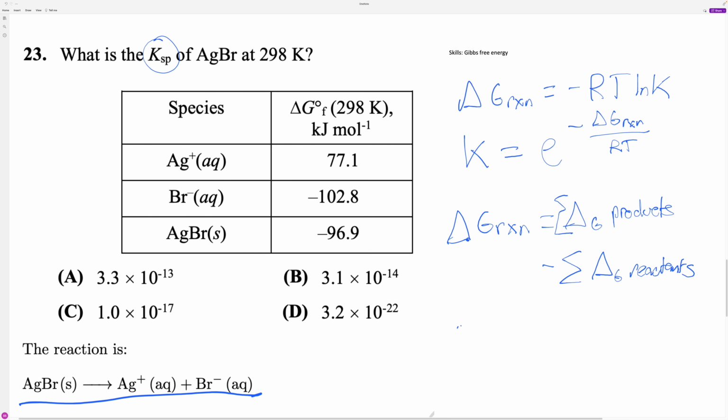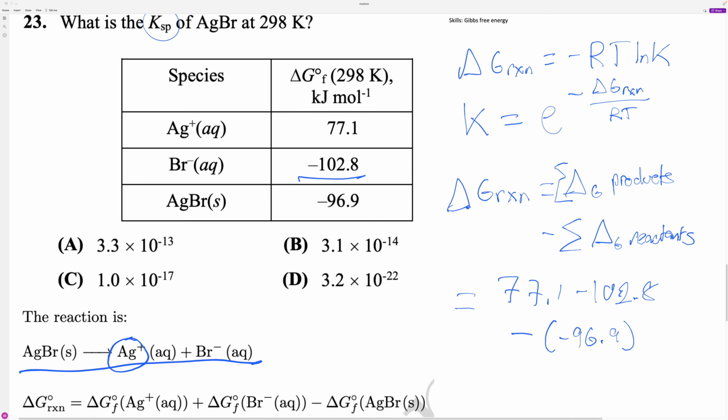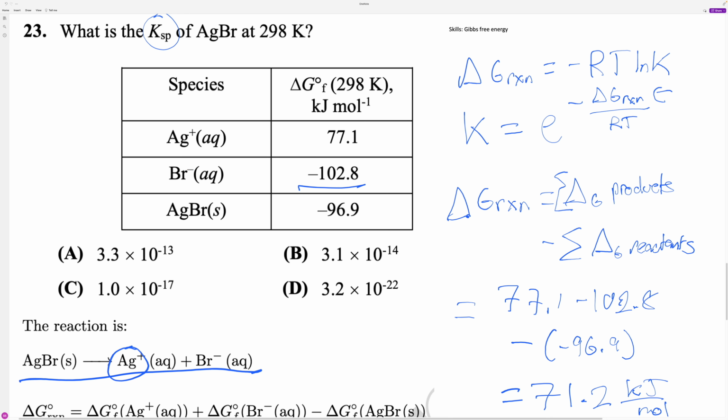In this case, that's the delta G of Ag+, which is 77.1, minus 102.8, because that's the Br-, and then we're going to minus negative 96.9. That's going to get us a value of 71.2 kilojoules per mole. So that's our delta G reaction, and we can plug that into here.